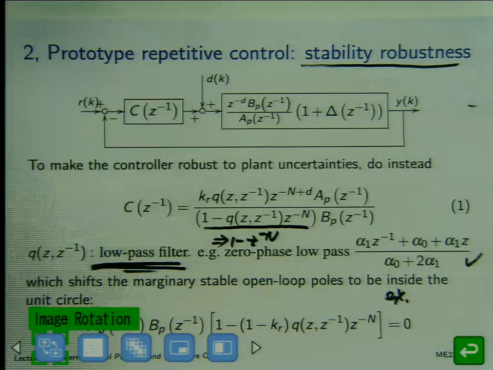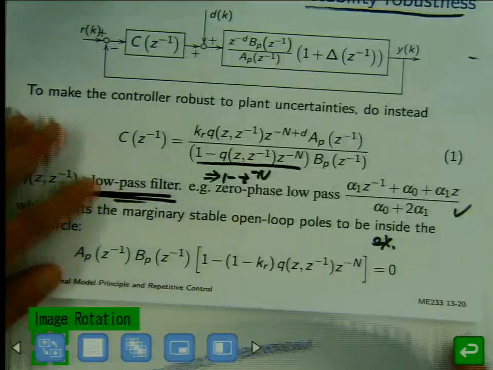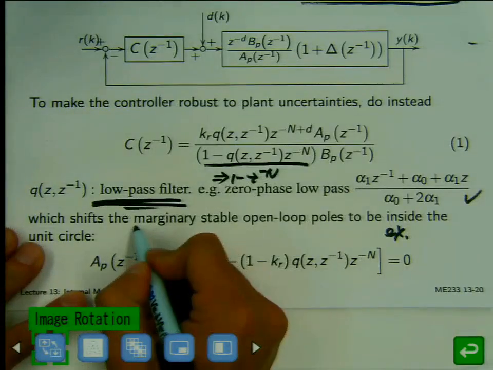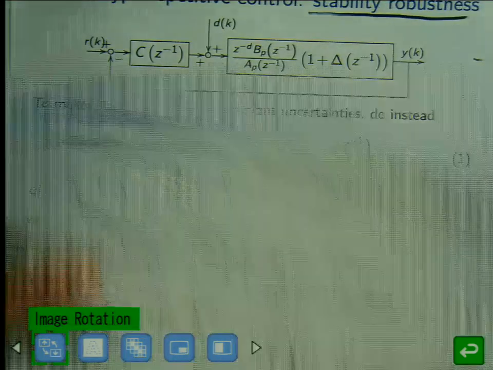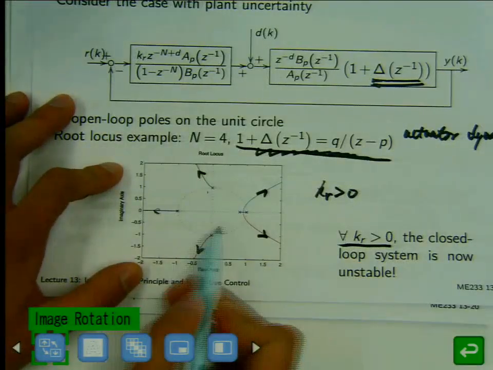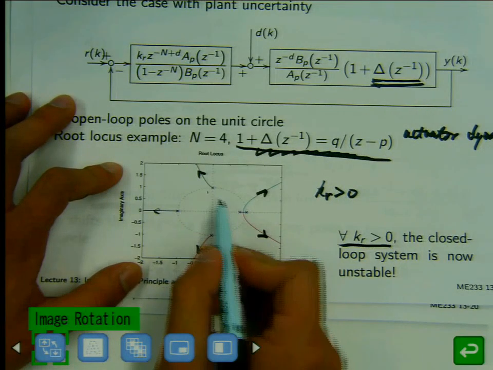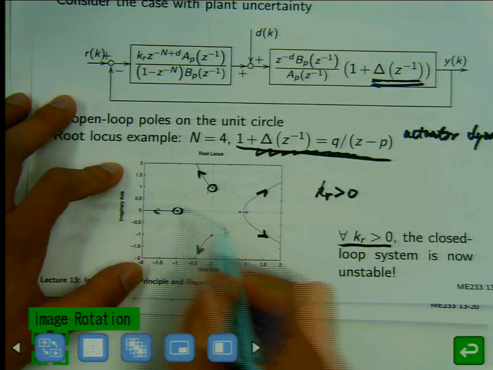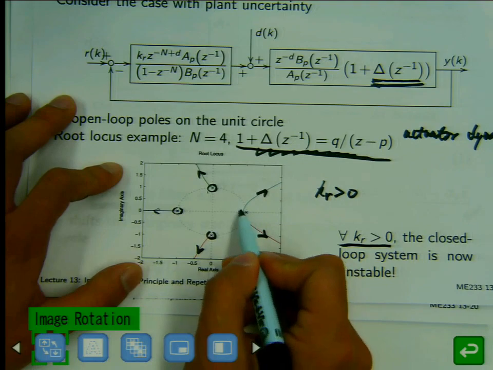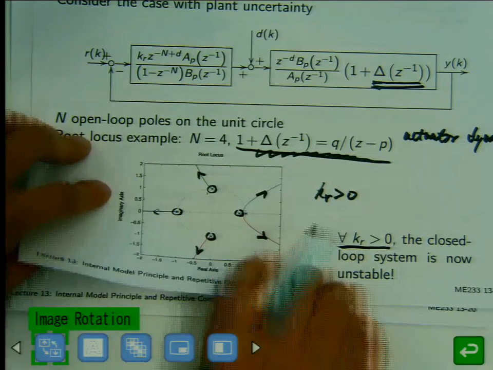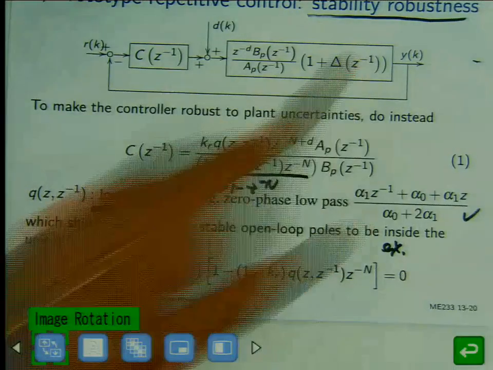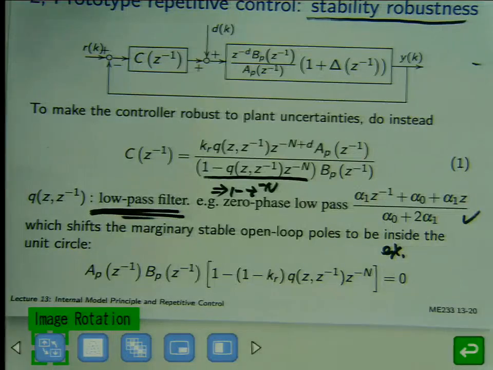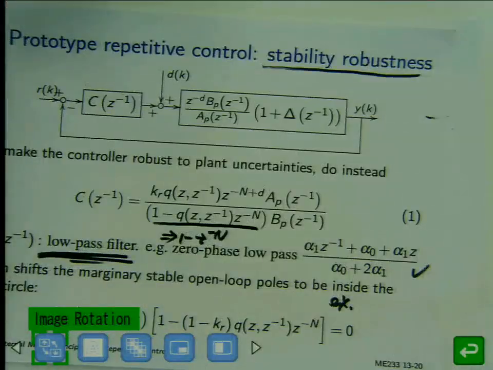All right. So last time I told you, as an exercise, to prove essentially this case. To prove that if I have perfect models, these closed loop poles will be stable under the condition, let me write it for you.